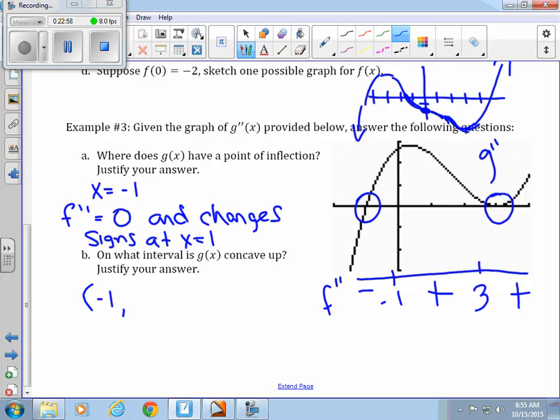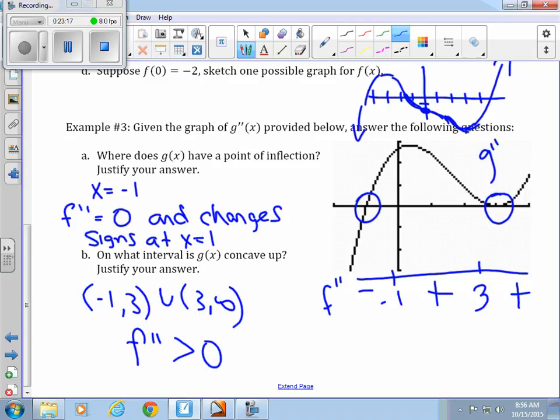Negative 1 to infinity, or you could do negative 1 to 3 and 3 to infinity. Both of those are great. Why? That's my justification. Second derivative is positive.